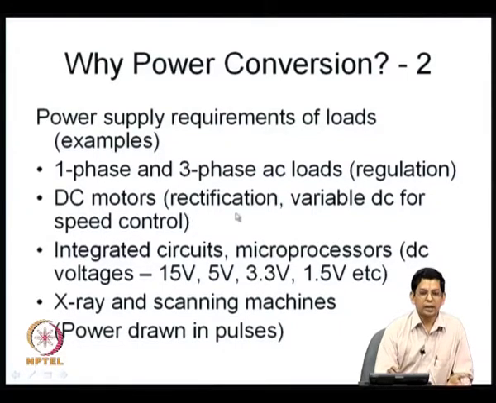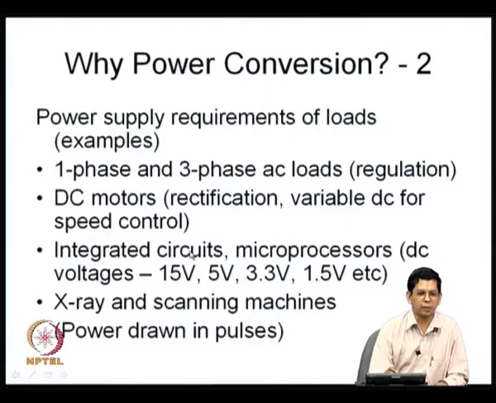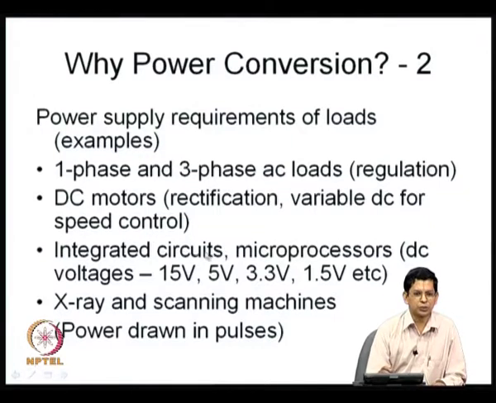So, you need to rectify it, and let us say a particular value of DC might be available for you, let me say 110 volts, but this DC motor itself might require a variable DC voltage if you want to, for example, operate it at different speeds or whatever. So, you might sometimes need a variable DC for a DC motor, which power electronics helps you achieve too.